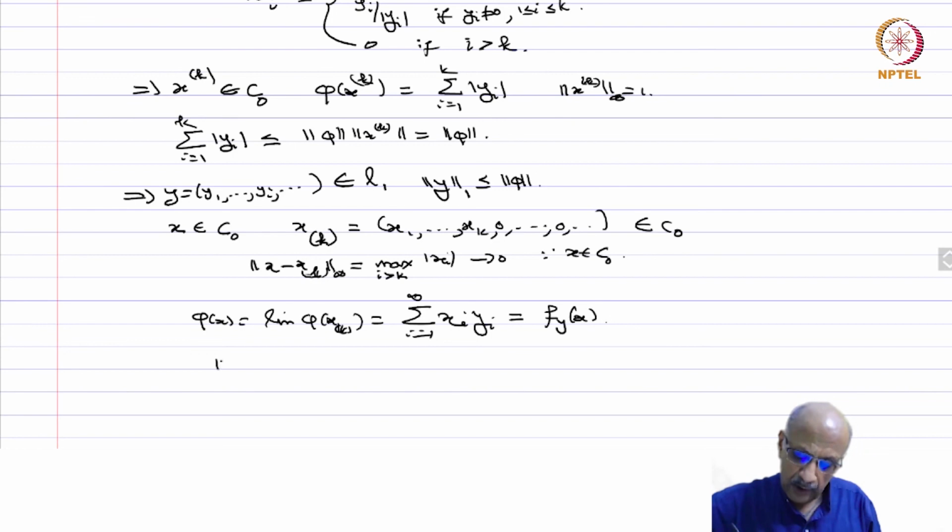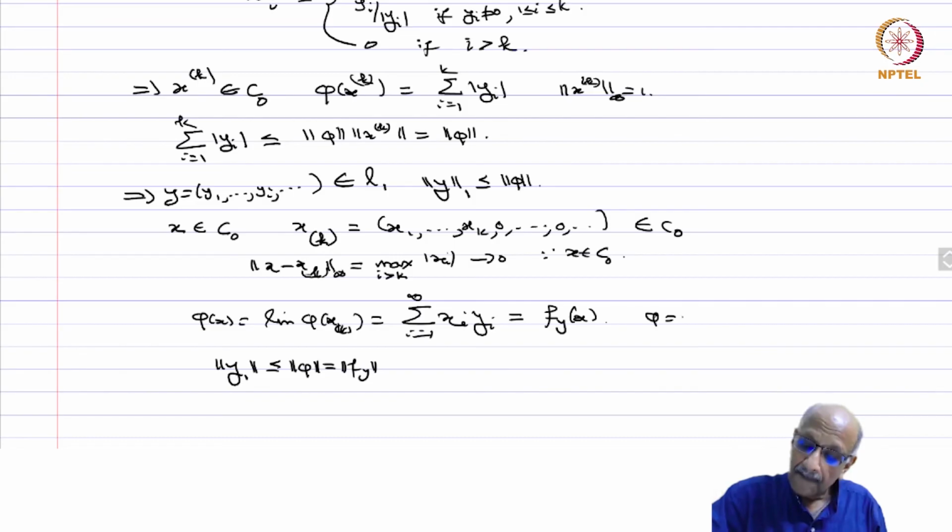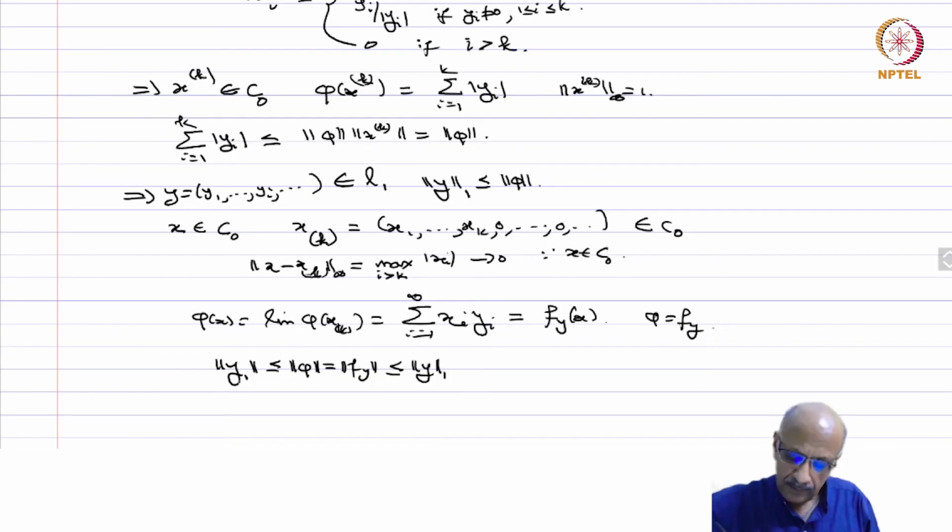Therefore norm y1 is less than or equal to norm phi, which is norm Fy, so phi equals Fy, and norm Fy we saw was already always less than or equal to norm y1, and therefore norm phi equals norm y1.